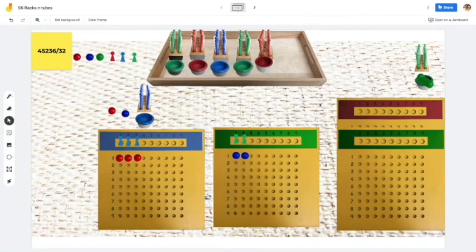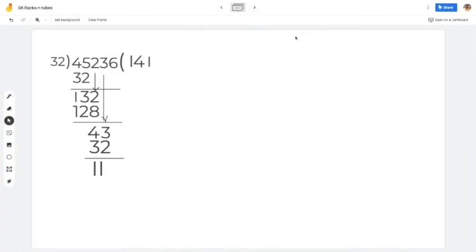Getting back to the working space, we need to bring the unit bowl and rack down to the unit board for distribution again. Then we write down the same in the next frame. We are bringing 6 units down for distribution and we write that down.